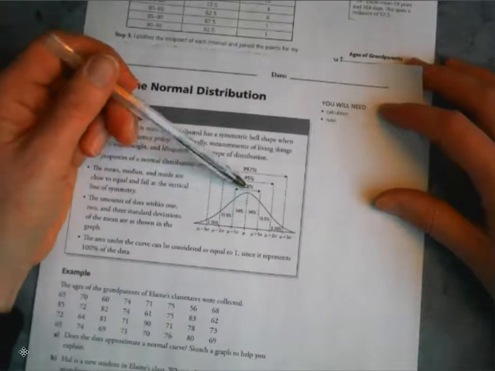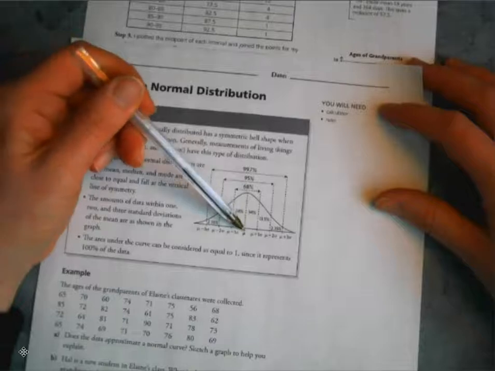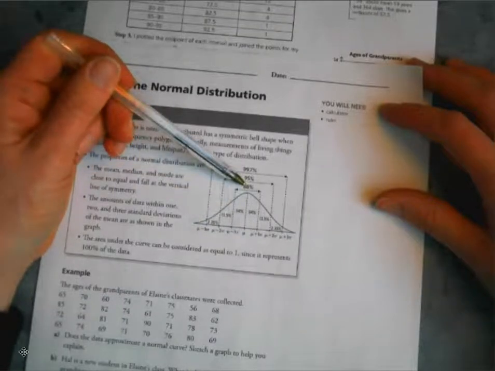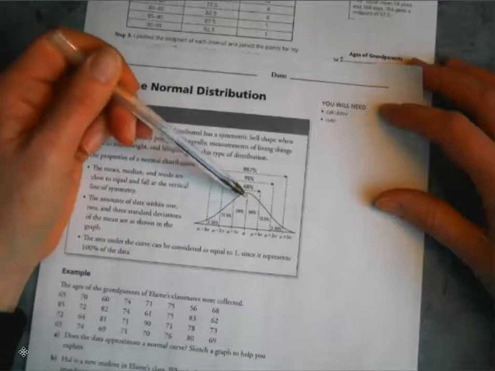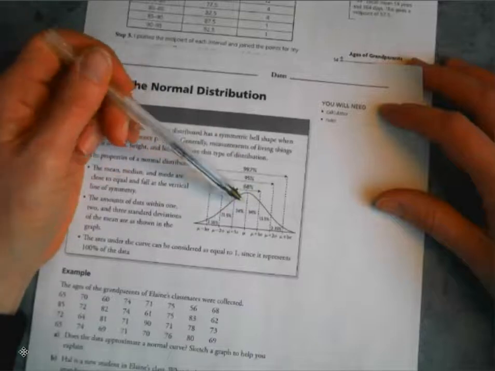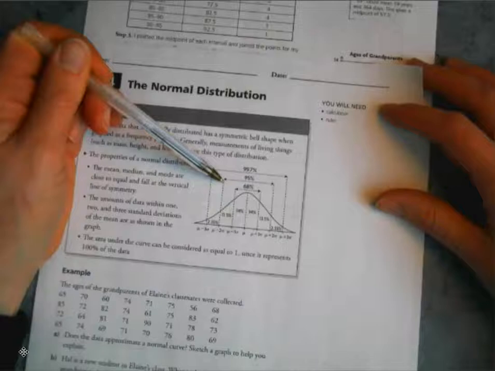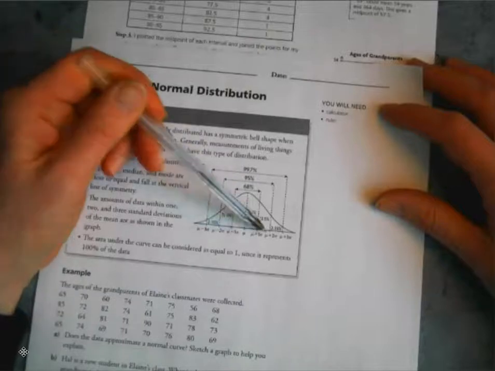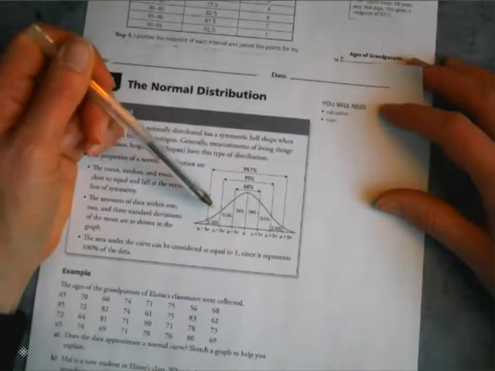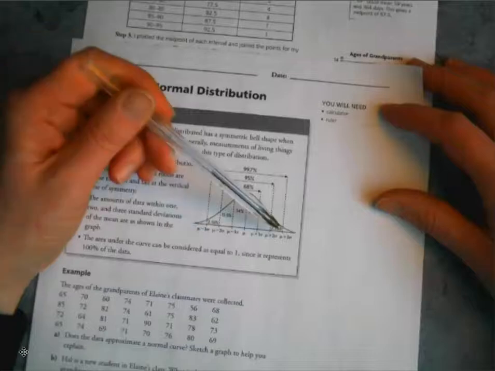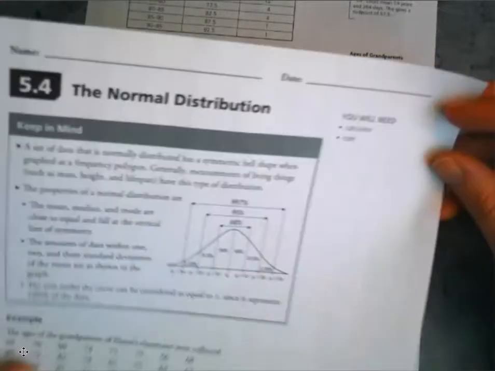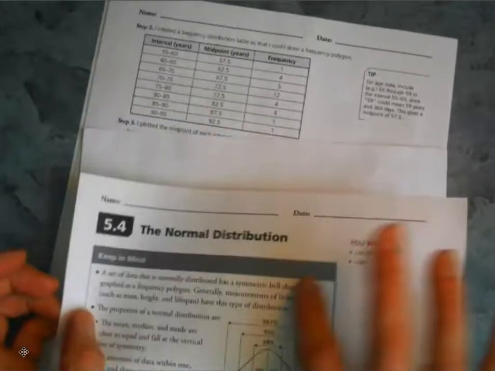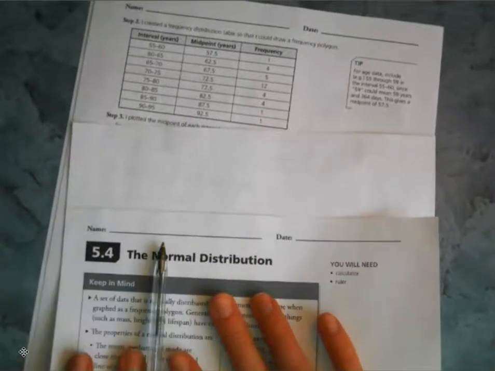Basically, within one standard deviation of the mean, 68% of the data should exist within that range for a normally distributed bell curve, and then 95% of the data should fall between 2 standard deviations of the mean, and then 99.7% should fall between 3 standard deviations of the mean. And this is true for all normally distributed bell curves. So what I might do is just keep this here for us as a reference.